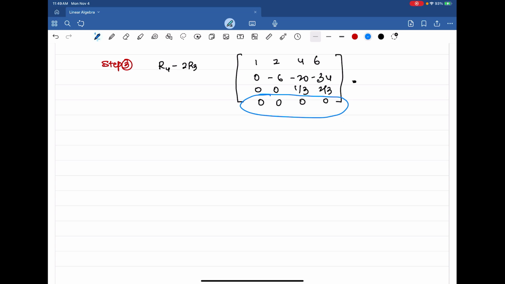What does this mean? Please try to understand the concept of simultaneous equations. For example, let us take a 2 by 2 simultaneous equation. 2x plus 3y is equal to 5. This is one equation.